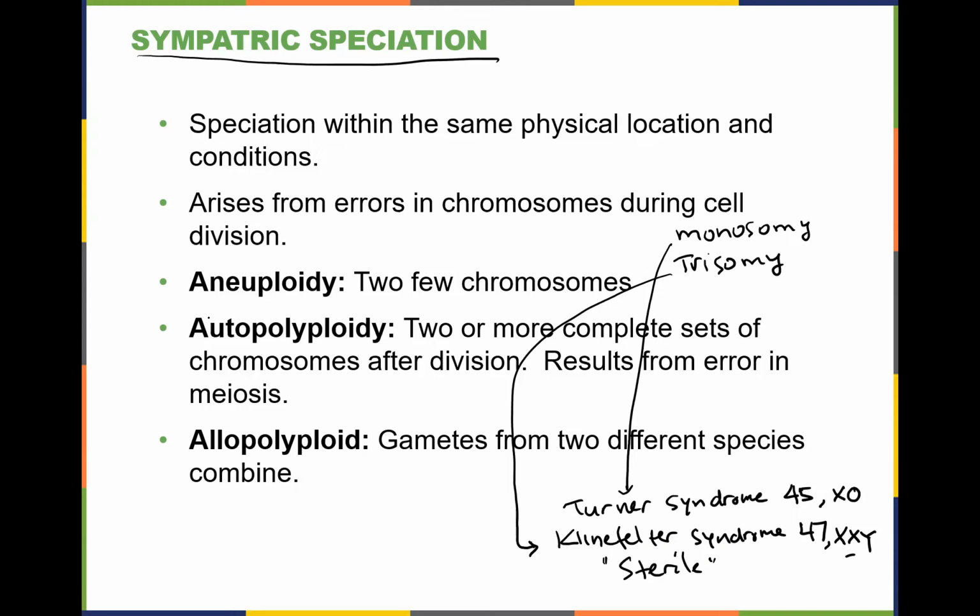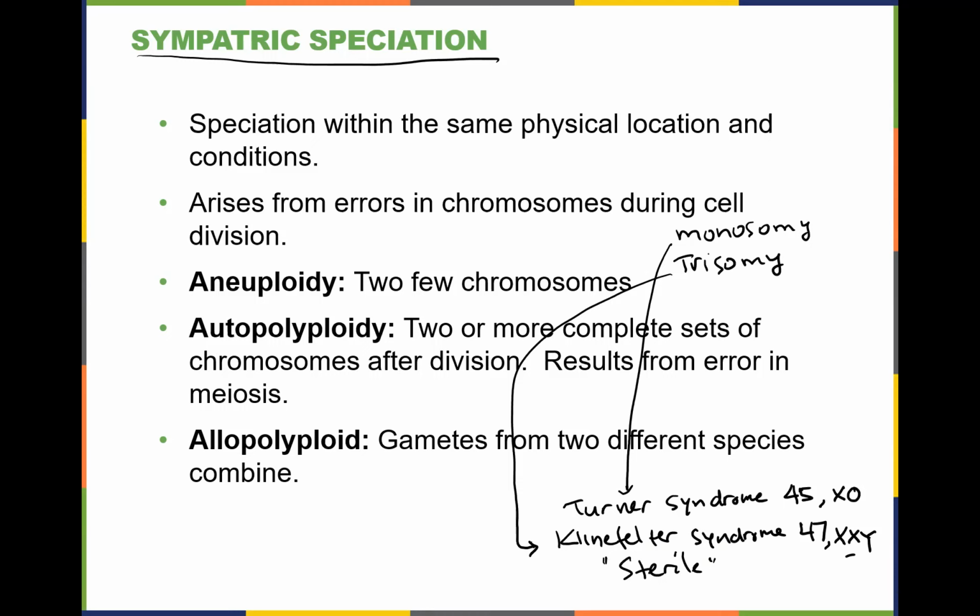Another type of sympatric speciation in plants is autopolyploidy, which is two or more complete sets of chromosomes after division. They basically have extra chromosomes in the nucleus of their cells, therefore they become a new species.